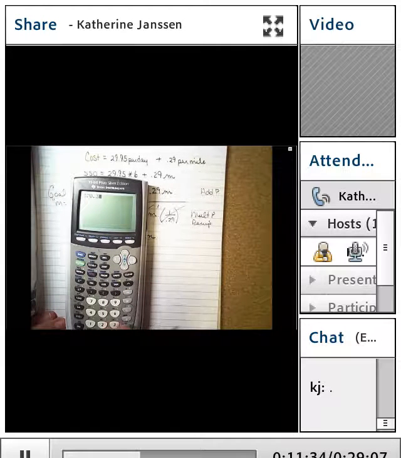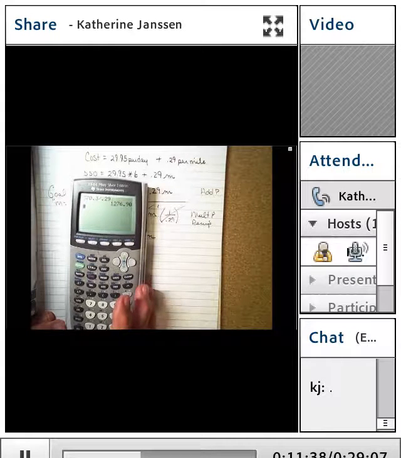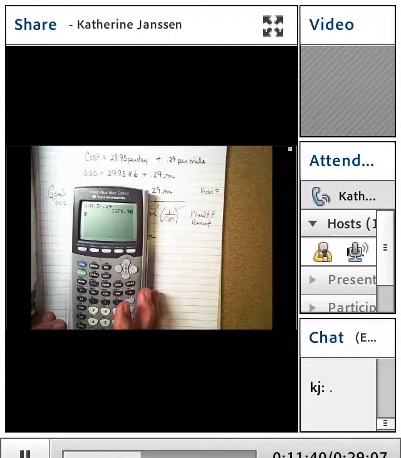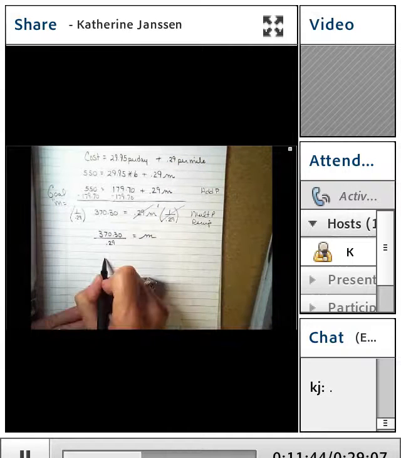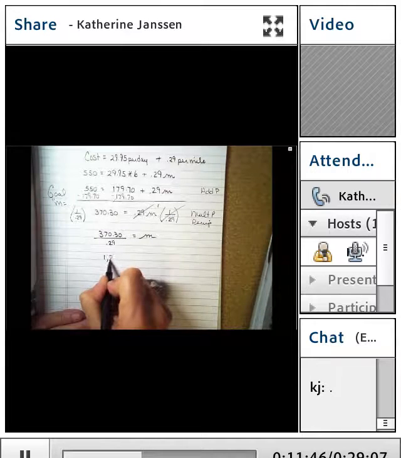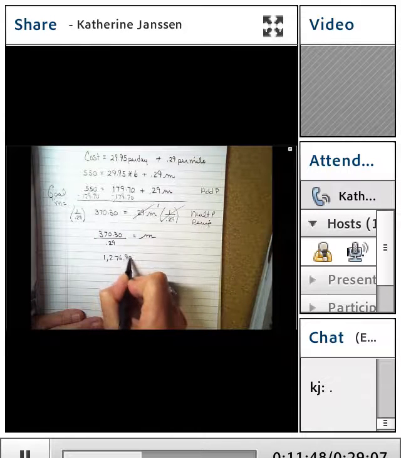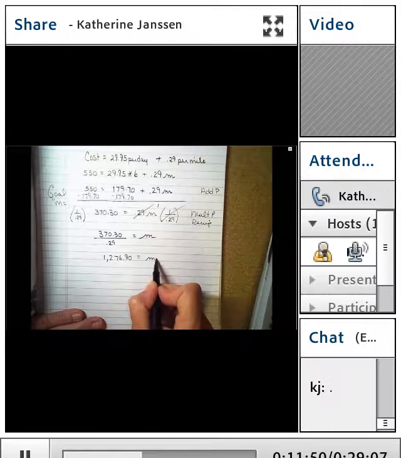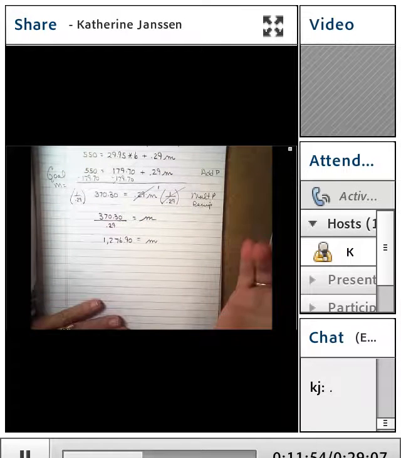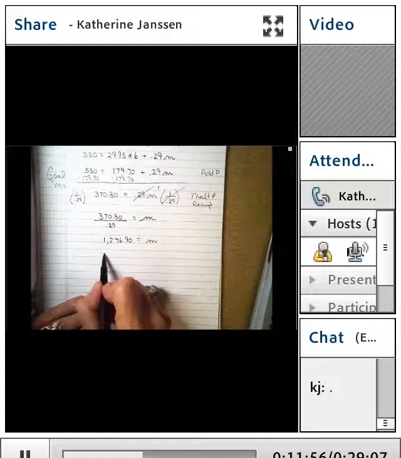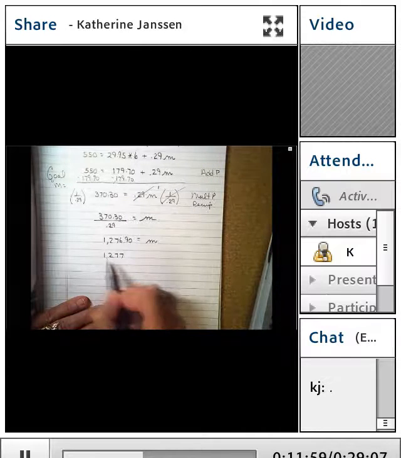$370.30 divided by 0.29 is 1,276.90. So 1,276.90 equals miles. And then we might be asked to round to the nearest mile. So that'd be 1,277 miles.